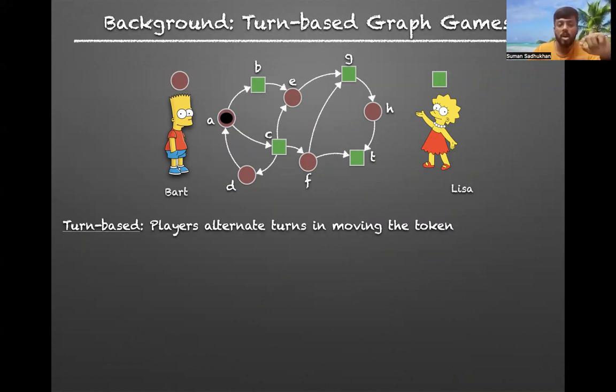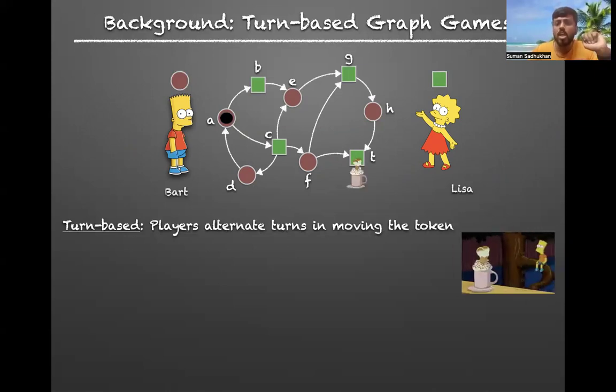That means that whenever there is a token that moves around in this graph, and the token is at Bart's vertex, he will choose what the next vertex will be, and vice versa for Lisa. And typically, say Bart has an objective. In this example, he wants to reach this target vertex, and we ask whether, whatever Lisa does in this game, Bart can actually reach the target vertex or not. So this is what reachability games are.